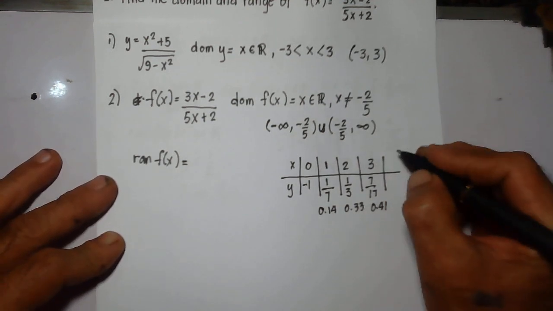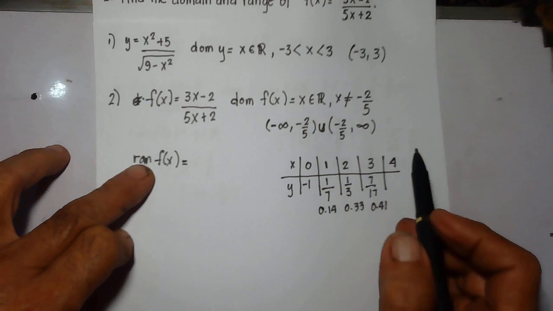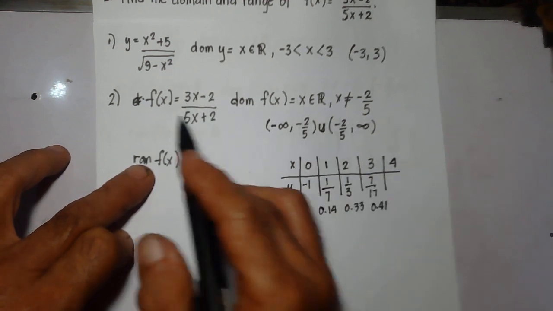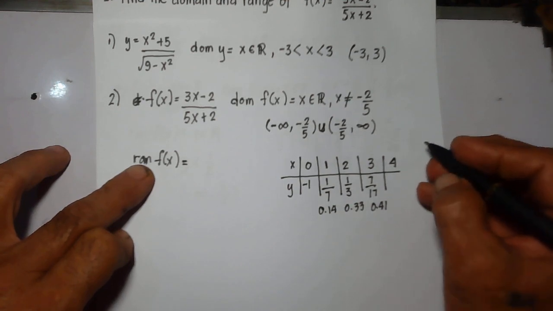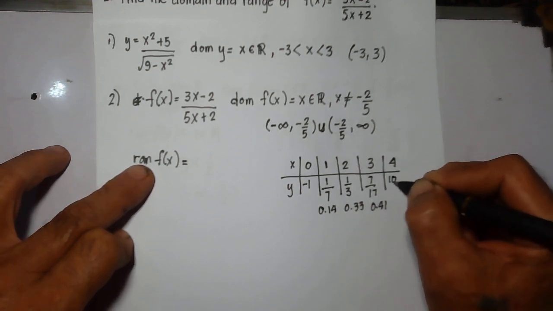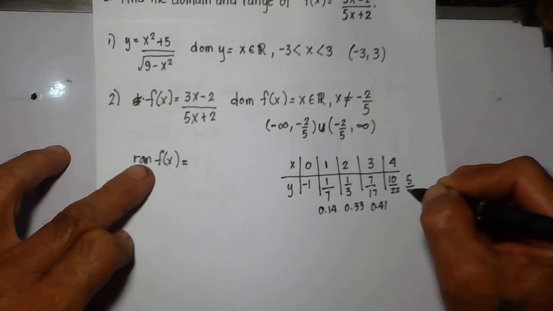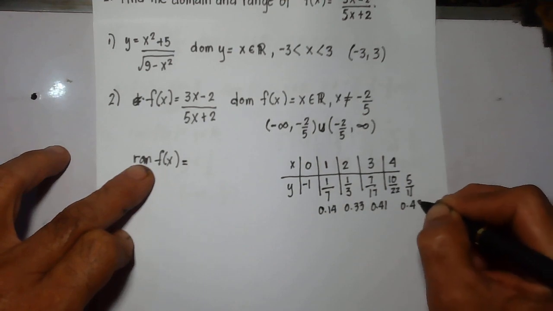Now, if we assign 4 for x, we get 4 times 3, 12, minus 2, 10. For the denominator, we have 5 times 4, 20, plus 2, 22, or 10 over 22, or we have 5 over 11. And this is almost equal to 0.45.